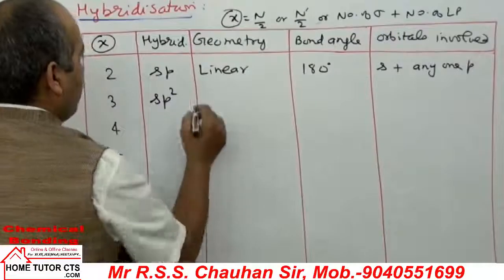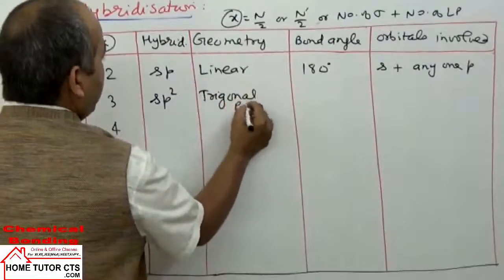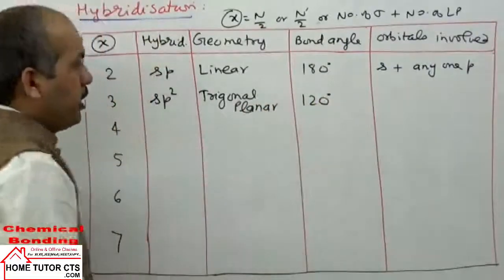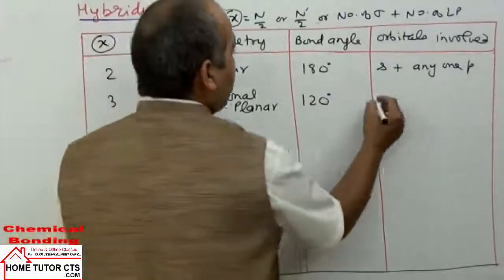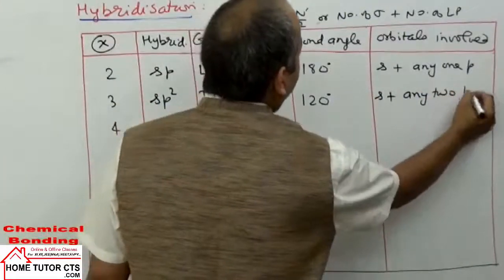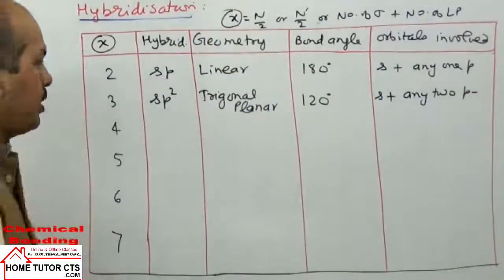In sp2 the geometry becomes trigonal planar. Bond angles are all the same, 120 degrees. It involves one s orbital and any two p orbitals. One s and any two p orbitals.